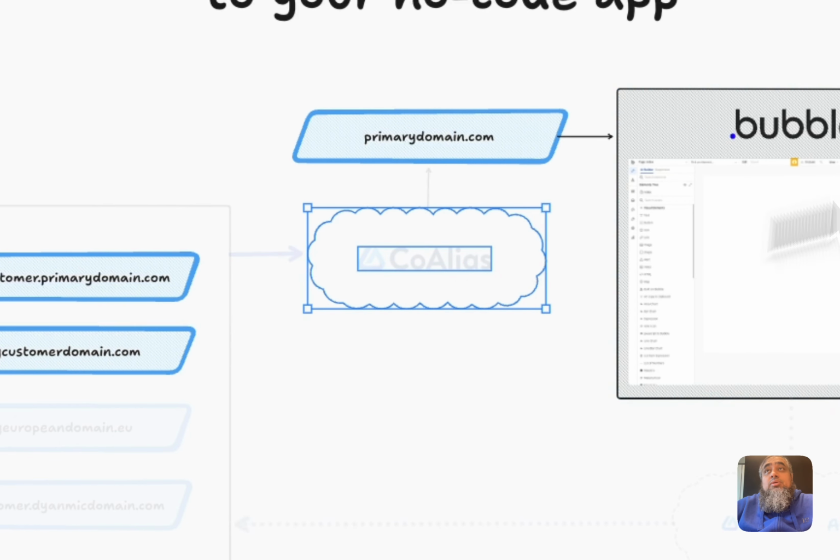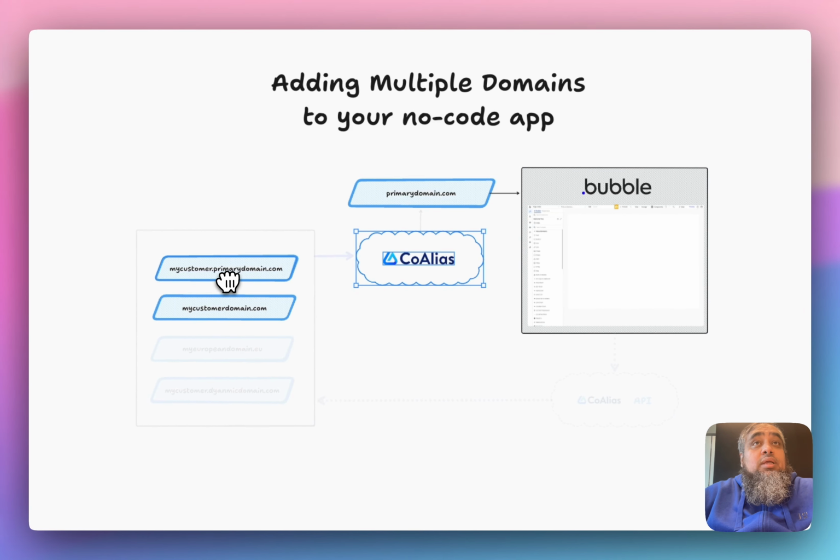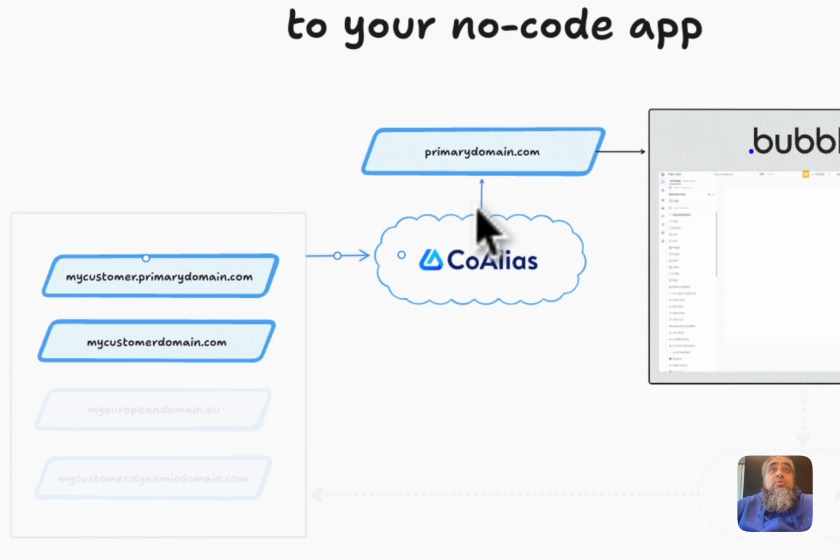So what we do is that we sit between your primary domain of your no-code app and the domains you want to add. And instead of pointing those domains directly to your Bubble app, you point them to CoAlias.